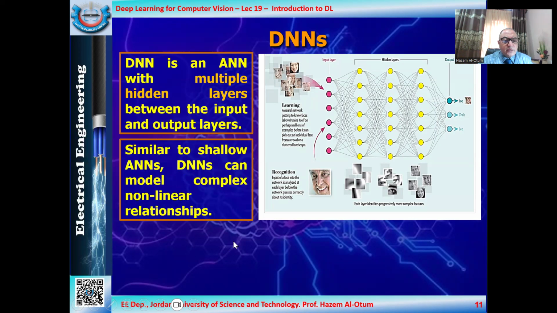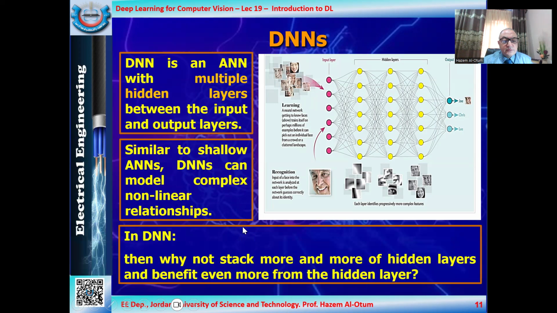So in both cases, we are trying to learn complex nonlinear relationships from the input data. In general, why not stack more and more hidden layers and benefit even more from them? The answer is sometimes, not always, yes.